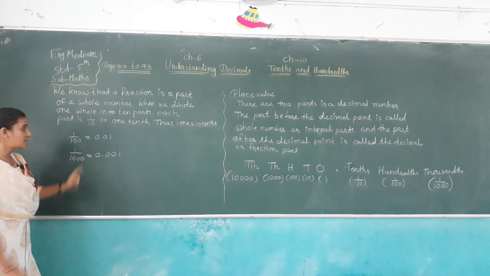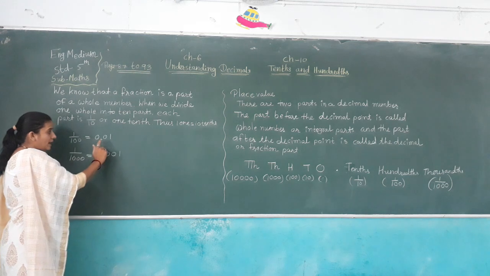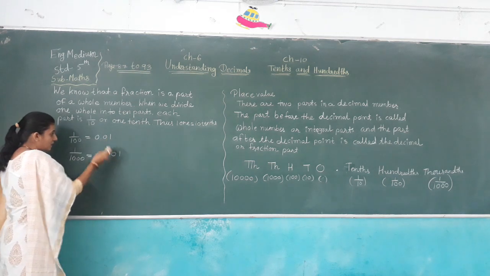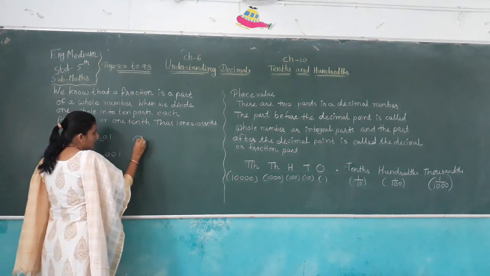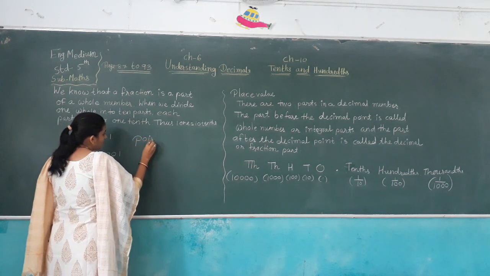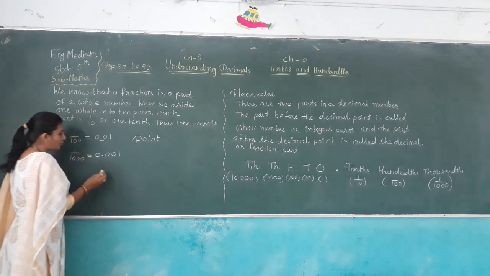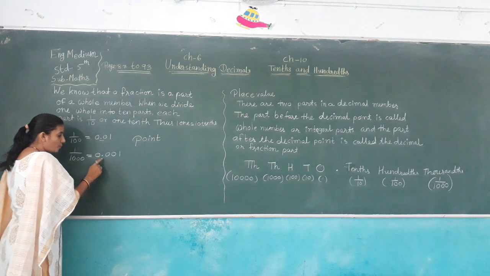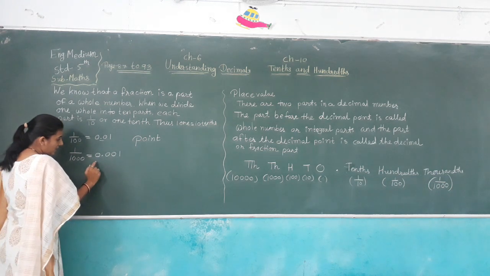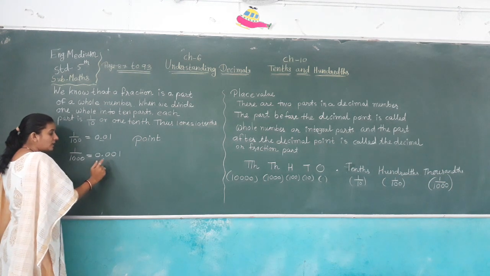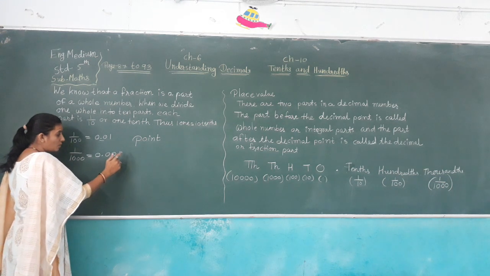We read it as 0.01. The decimal point is called point. It's read as point. So how to read it? 0.001. Again, one time, 0.001.